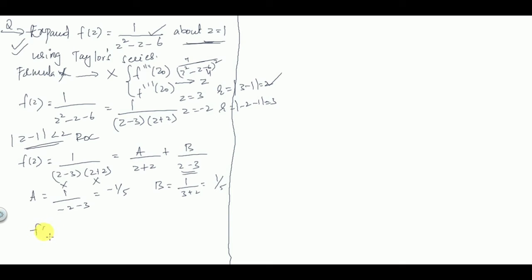So f of z can be written as 1 by 5 by z minus 3, writing this first because it is positive, minus 1 by 5 by z plus 2.